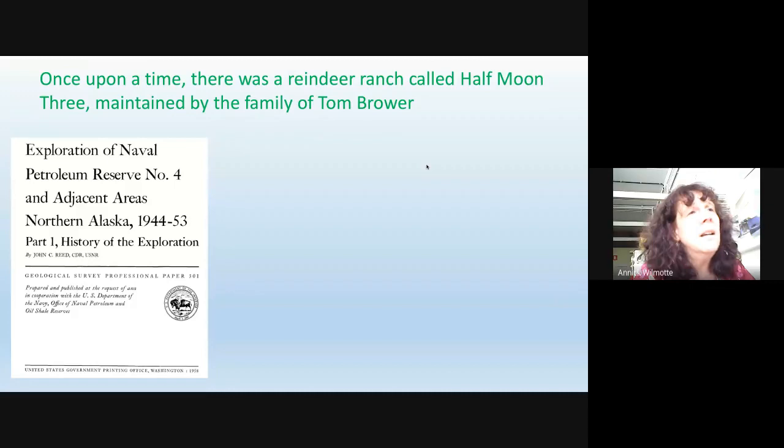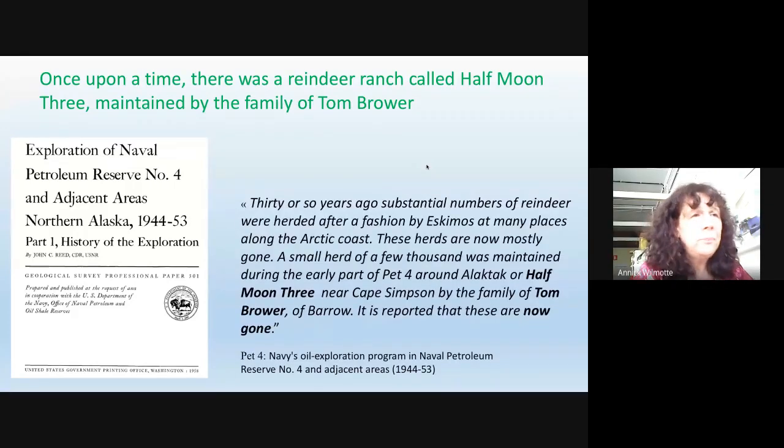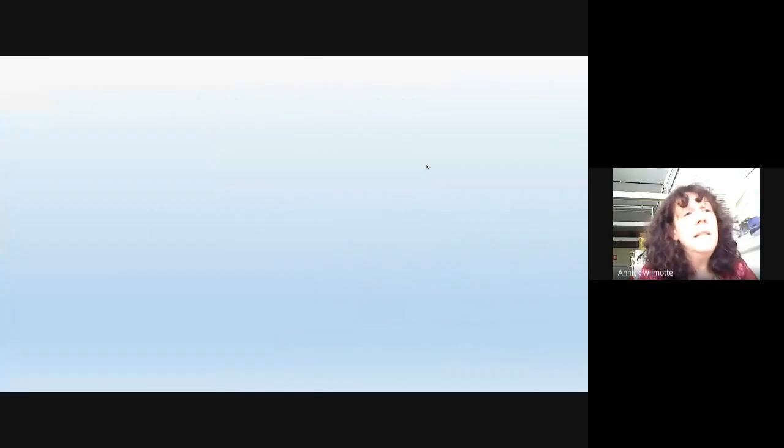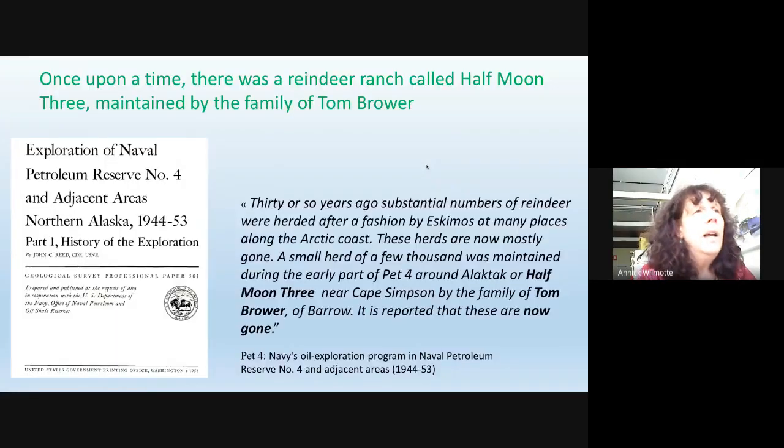And the next slide shows that they were aware that reindeer were present in these places, but during the period of the explorations, it gradually disappeared. And they speak of this Half Moon Tree ranch. But they say also it's now gone.